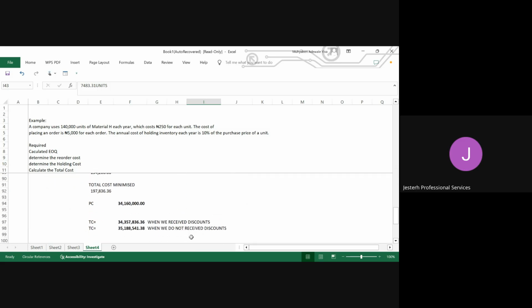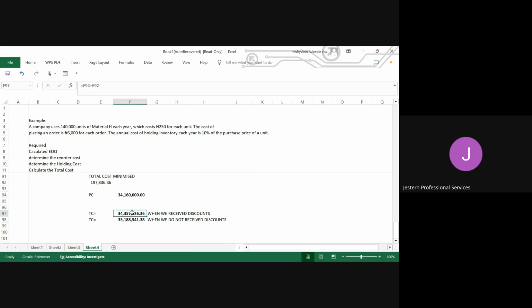What is going to be our total costs? Now you see the differences. So the organization will go with the lowest total costs, because that is the reason why we are doing all these things. The purpose is just to help an organization to minimize the inventory costs.